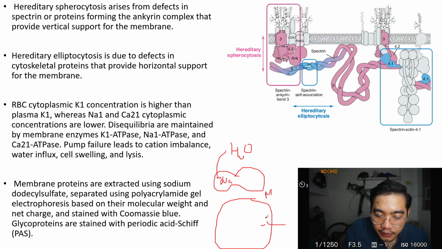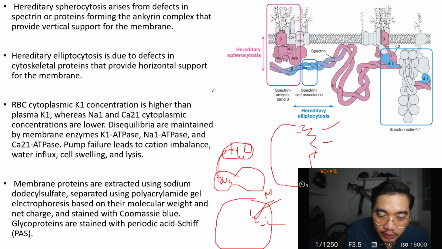If we cannot control the going in of sodium, then we are not going to control the going in of water, because I said earlier, water can freely pass through the membrane. Eventually there will be too much, and then your RBC will pop. That's what we call osmotic lysis.